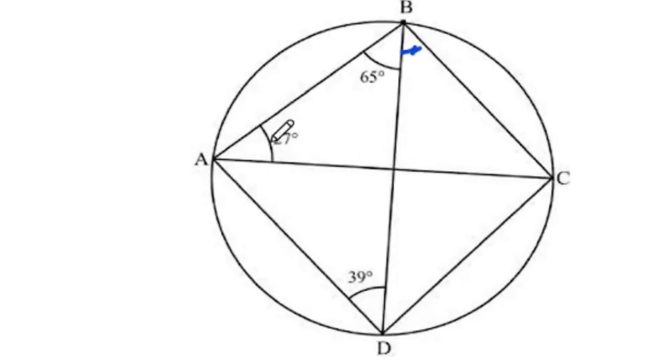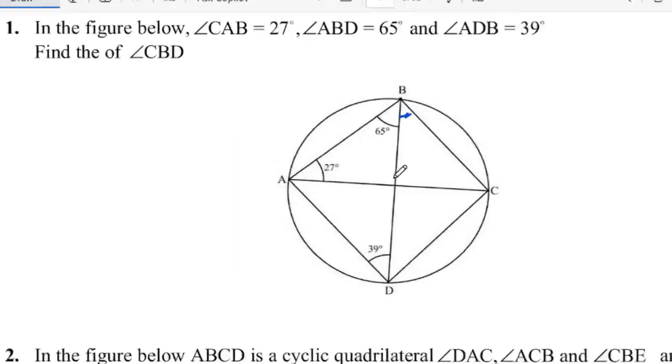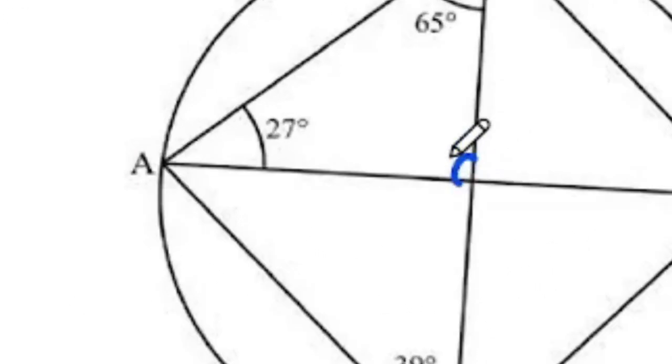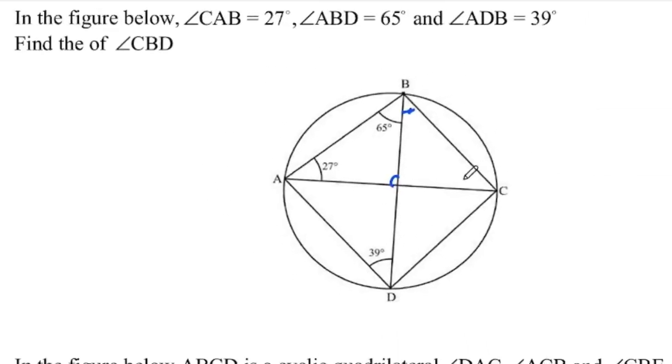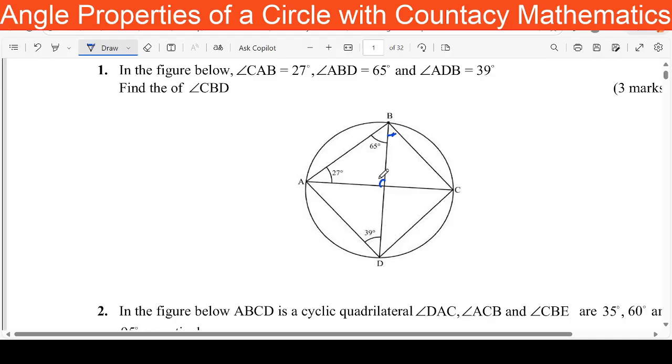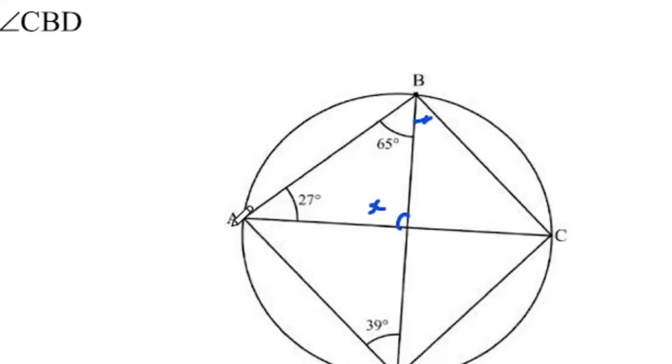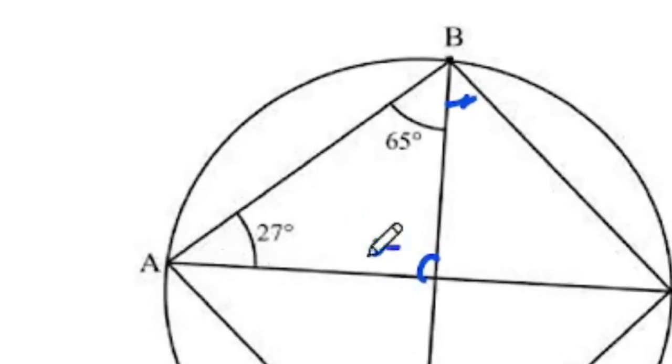Well, from this data that we have right here, it is quite easy and straightforward to find the value of this angle that is here. So we can let the diagonals be intersecting at point X, such that we have angle AXB being represented here.